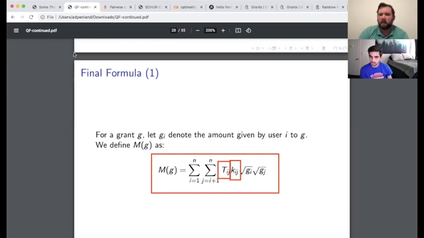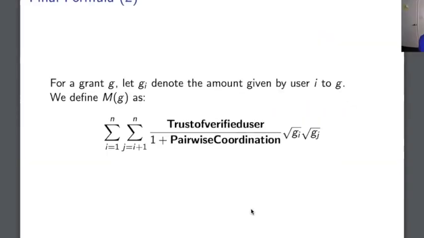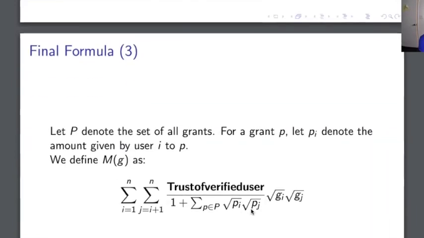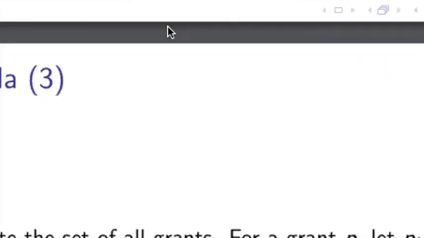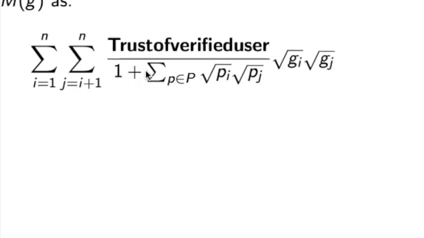If we didn't have these constants, this would be an honest to goodness symmetric function. If you think about it this way, you can ignore the messy constants and just look at it as the trust of the verified user over 1 plus the pairwise coordination times this, and it makes the symmetry that's happening clearer. Then if you look at a set of grants, it's just applying this formula over all of the potential grants in the collection, because grants might be working together to try to extract funds from the system.